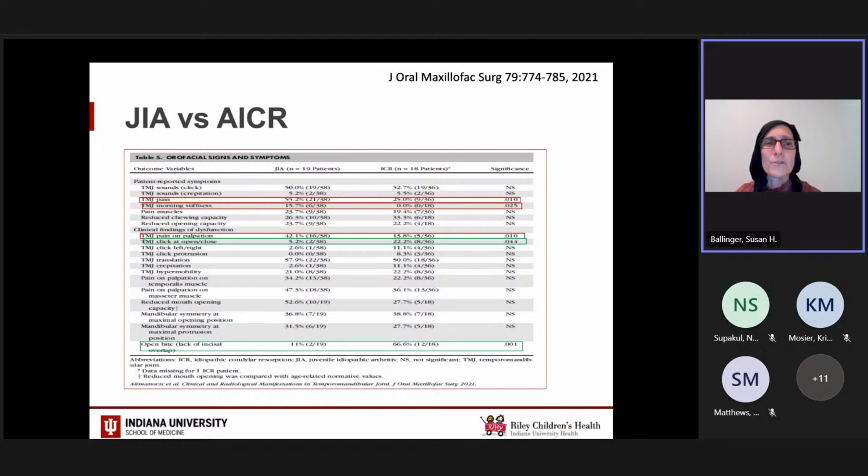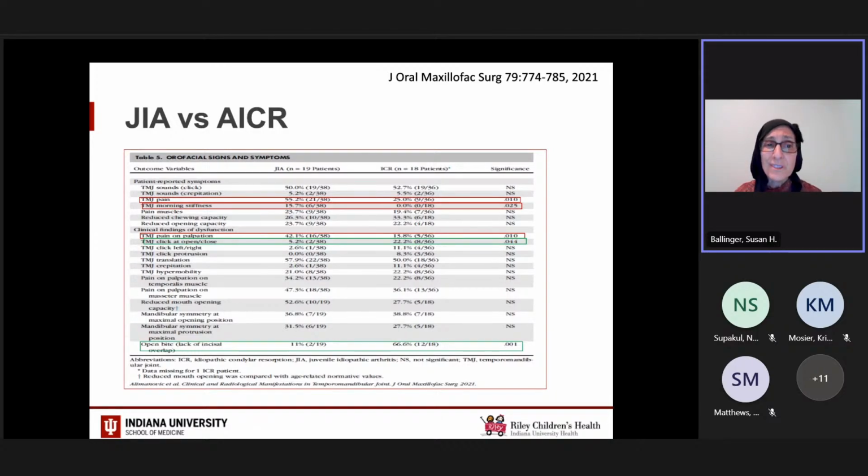I've highlighted the measures that were statistically significant in terms of JIA in red and in green for the ICR. So TMJ pain, morning stiffness, and pain on palpation were significantly different in terms of predominance of JIA. And TMJ click and decreased open bite were both more common in the kids with ICR.